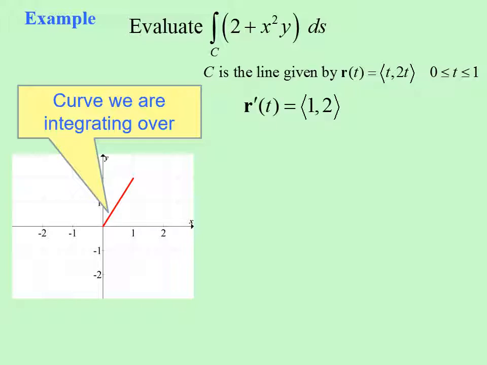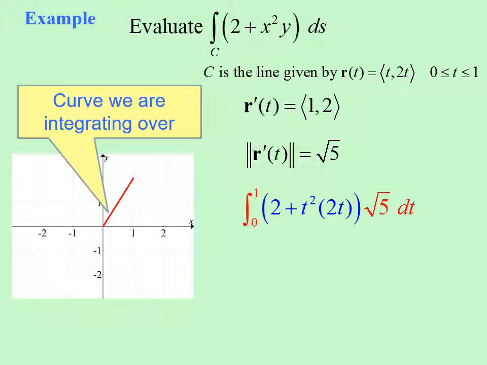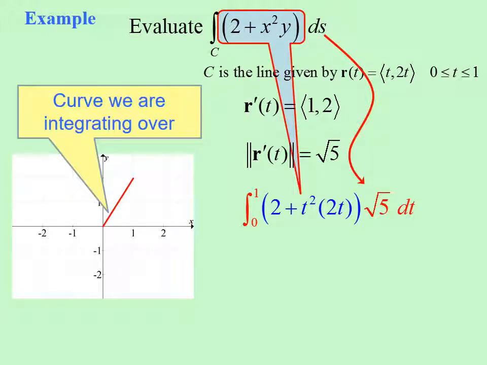And so we're going to do r prime of t, the derivative of r. We're going to do the magnitude of that. And we're going to rewrite our integral. The ds becomes the square root of 5 dt. And we replace the x with the t and the y with the 2t. And we get this integral, which we can then evaluate.